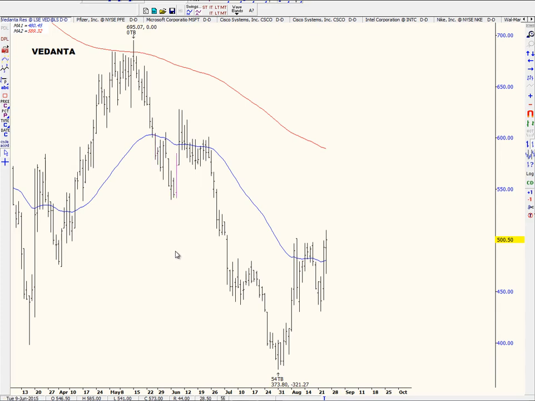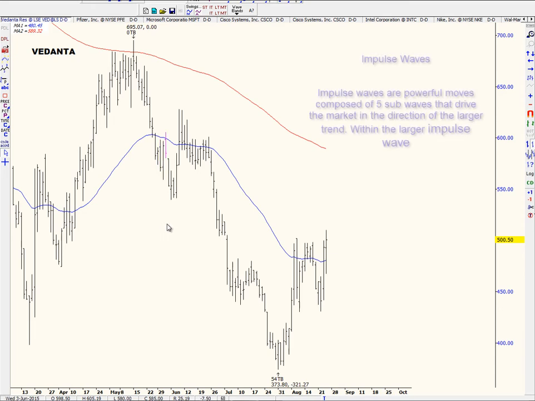Now, in terms of an Elliott Wave count, I'm not going to go into the intricate details of Elliott Wave analysis, but it's fair to say that we have 2 sets of criteria, one being the impulse wave and one being a correction. Now, in terms of an impulse wave, they will generally unfold in 5 waves. So once we get a 5 wave count within a trend, we will typically get a correction to the upside or the downside.